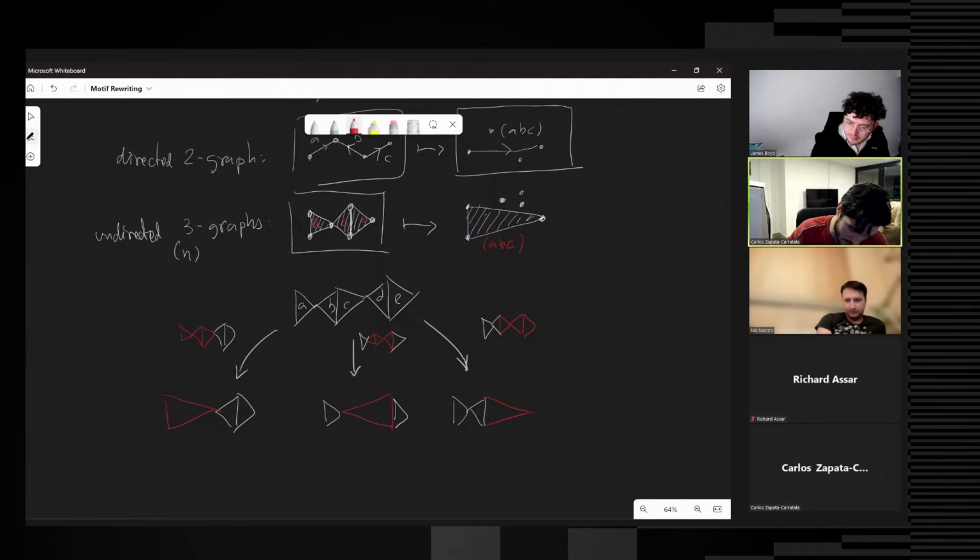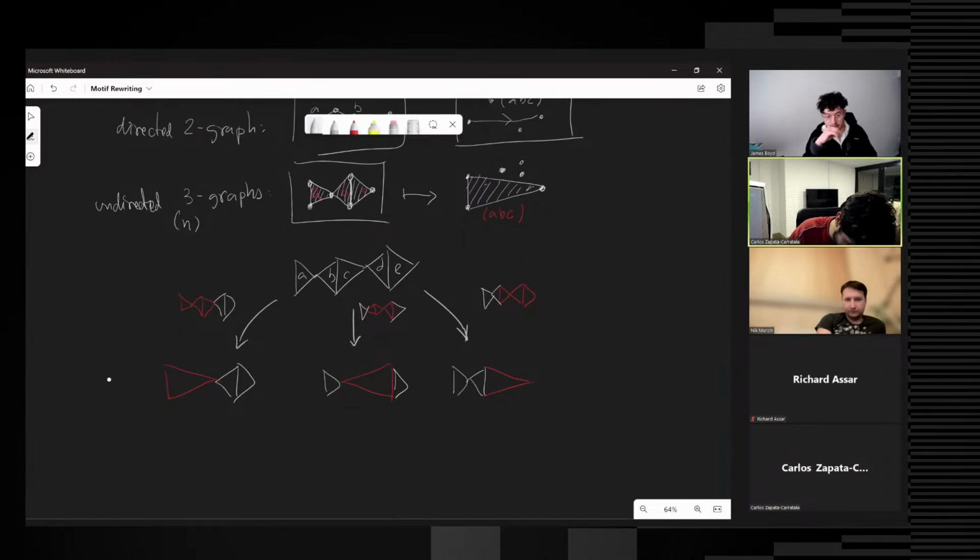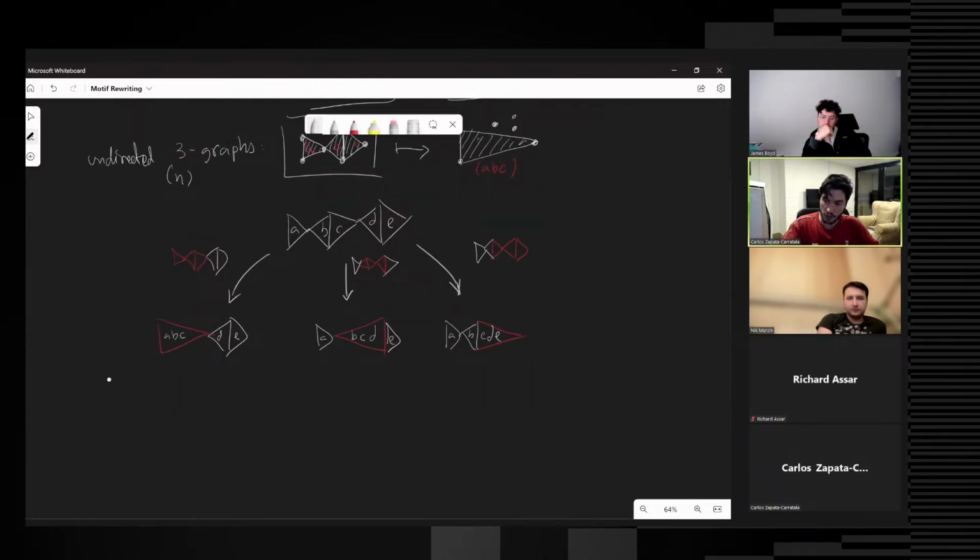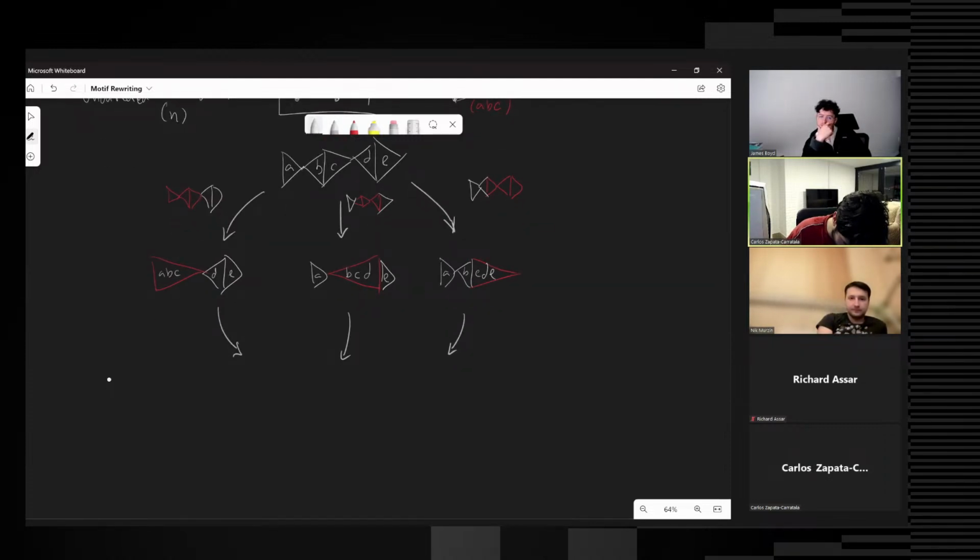If I actually keep track of the labels, this is ABC, so ABC go here, DE, this is A. Now, this is BCD in this order, so I'll keep it like that for now, and this is A, B, C, D, E. And of course, these are all fishes again, and so they are going to rewrite to a single triangle in the end. Now, importantly, let me just write one big triangle in the end.